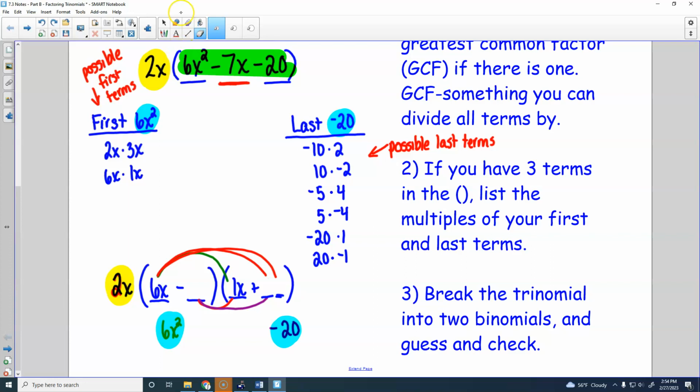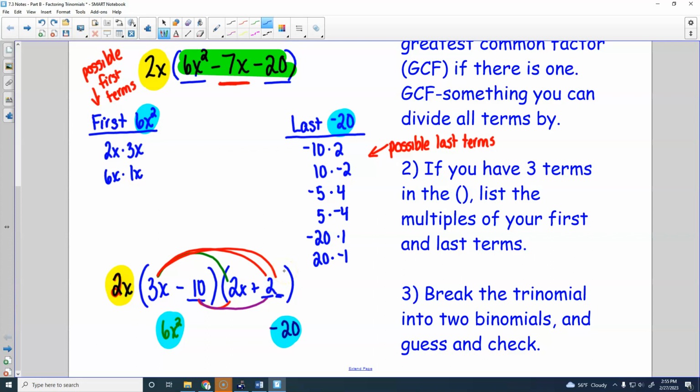So I'm going to back up now, and I'm going to try again with my 3x and my 2x. So I'm going to put a 3x right here and a 2x right here. And then I'm going to pick some of these over here, negative 10 and 2. So let's do negative 10 and 2.